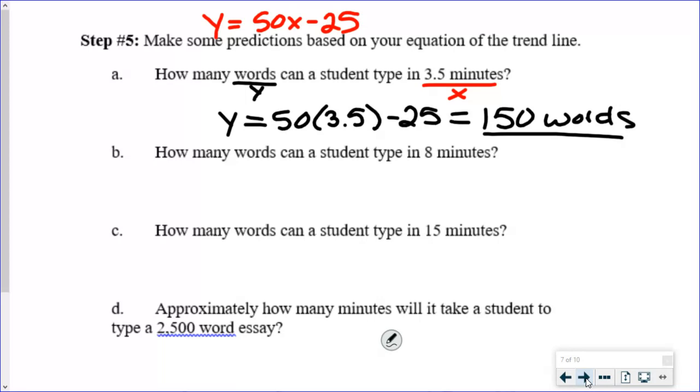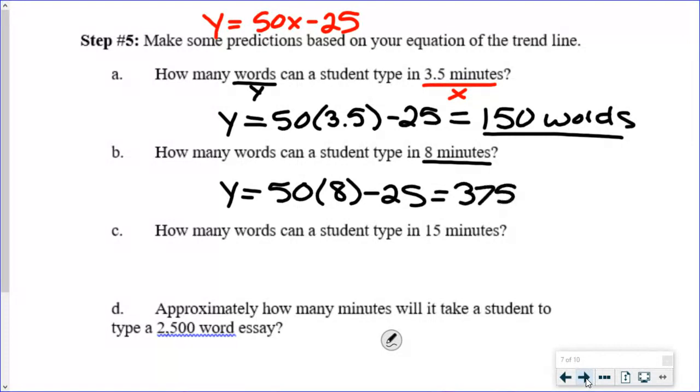Now, part 2. How many words can a student type in 8 minutes? Again, minutes is x, so I'm going to use that same equation. And hopefully your number goes up, because you're typing for more than 3.5 minutes. So that's 375 words.